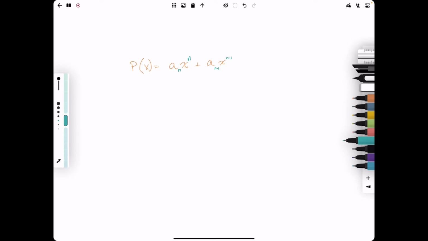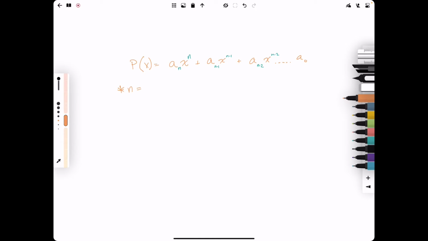You'll see it a little more clearly when we use actual numbers. And I could say plus a sub n minus 2 times x to the n minus 2. And it could keep going all the way down to a sub 0, that's your constant term. This would be where n is a non-negative integer.